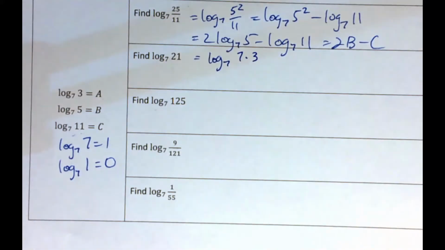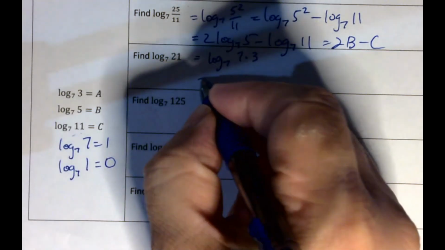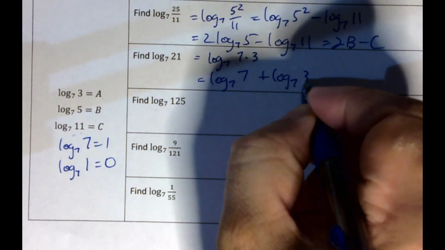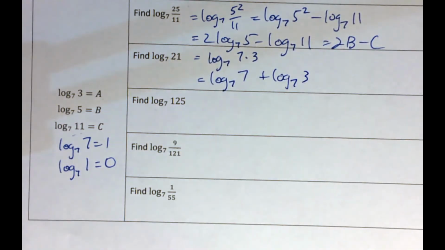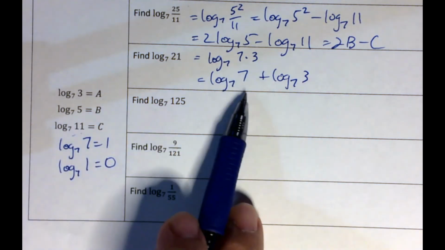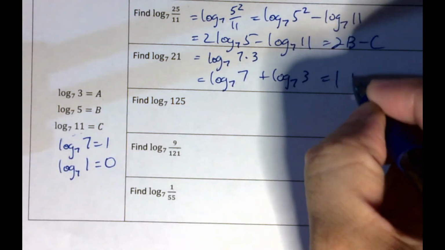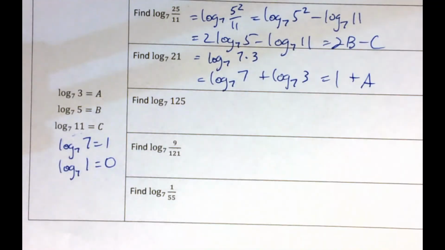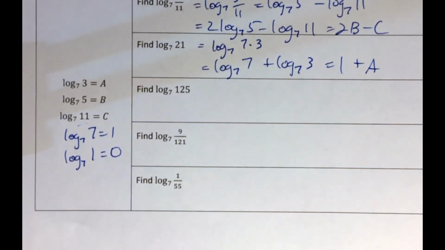I'm going to split this up into log base 7 of 7 plus log base 7 of 3. I changed the product to a sum and wrote them separately. Log base 7 of 7 is 1, and log base 7 of 3 is A. So the answer is 1 plus A. And that's it.